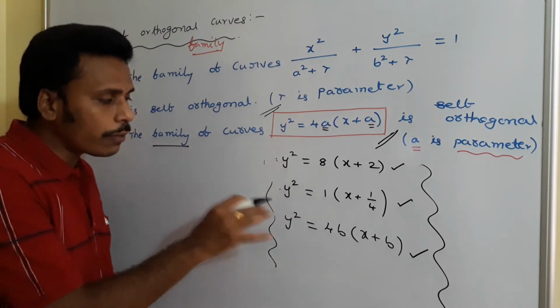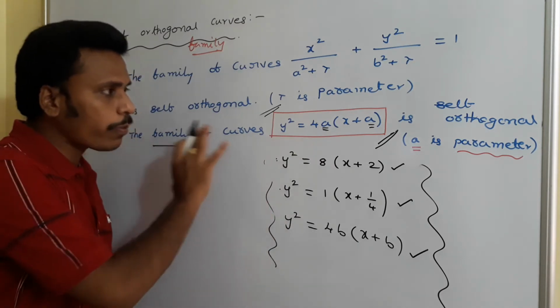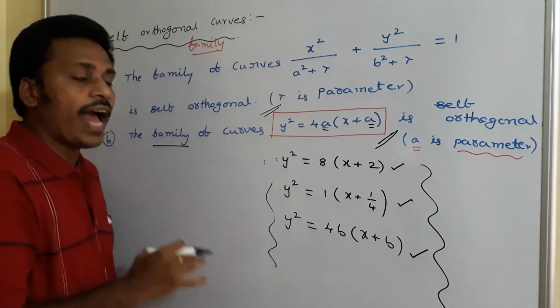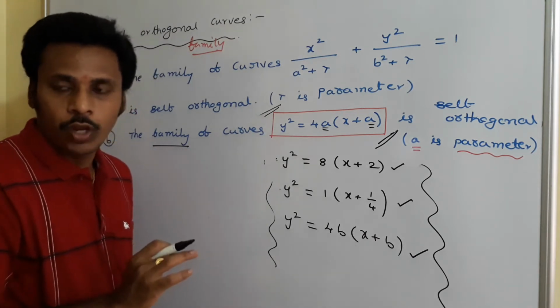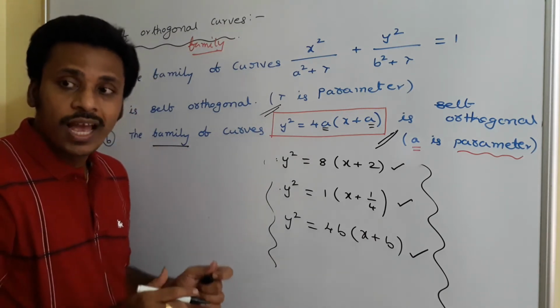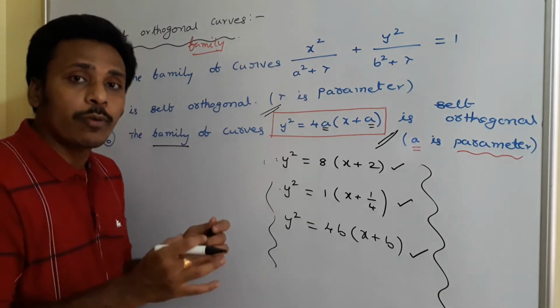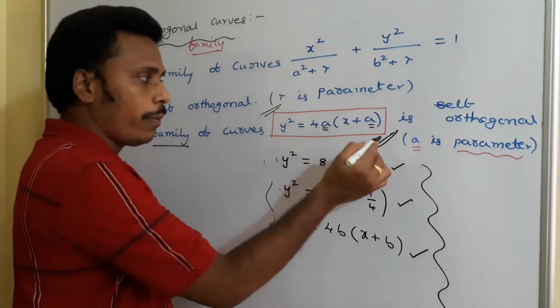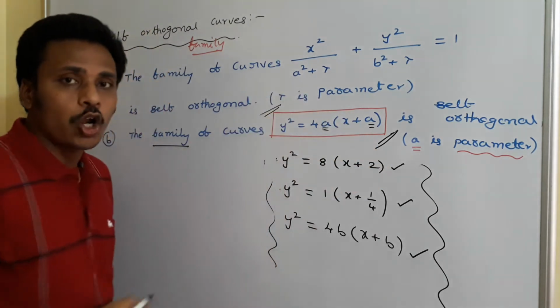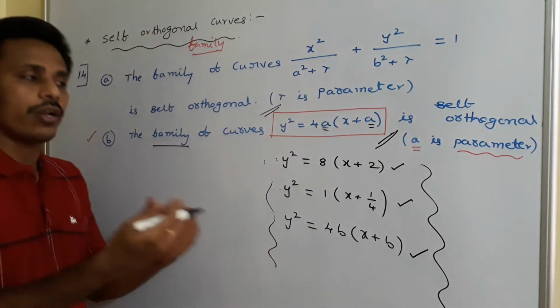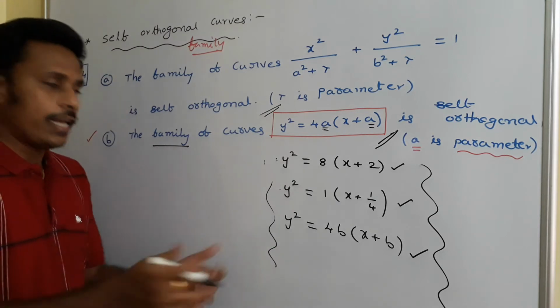And before the proof, I am just explaining to you about the family as well as self-orthogonality. Family of curves consists of an infinite number of curves as well as an infinite number of equations of the same format, just by replacing the unknown constant with different constant values or different numbers.